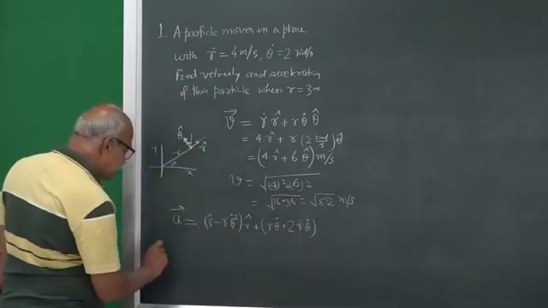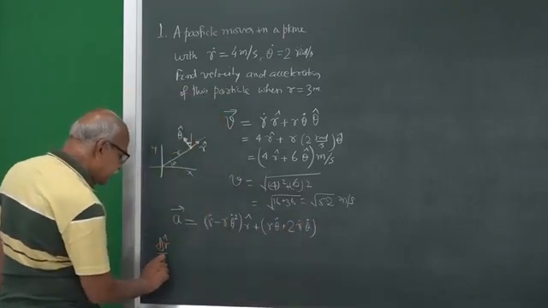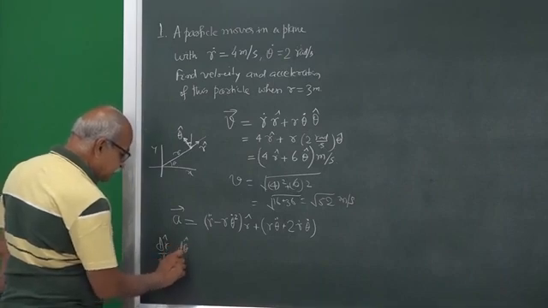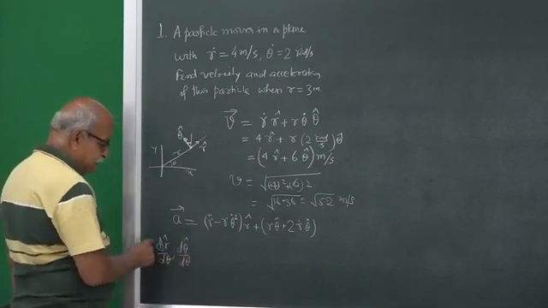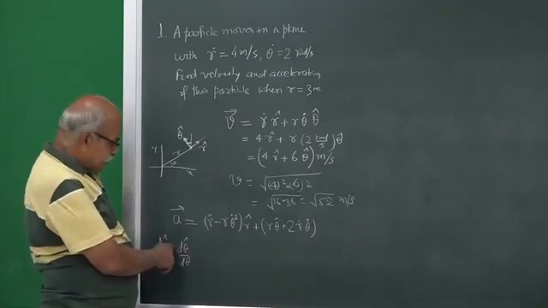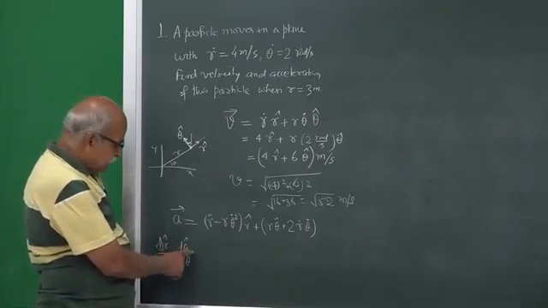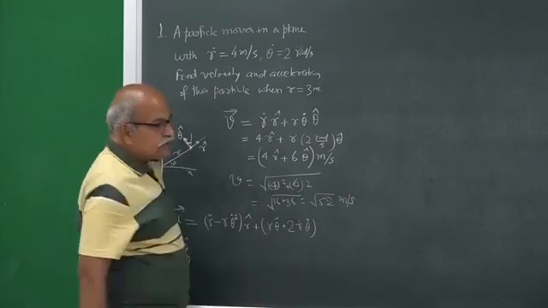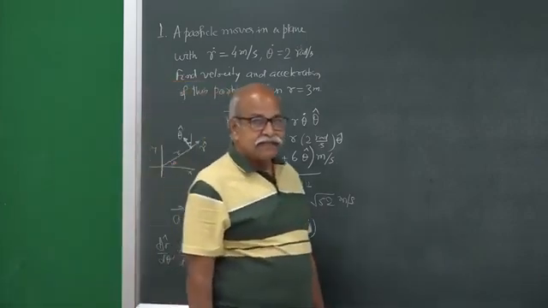We must have derived this, otherwise you can derive it. We had done d r cap by d theta and d theta cap by d theta, and then if you are differentiating with respect to time, you also have to differentiate with respect to time here. So, theta dot will be used here, and then you can get this relation.